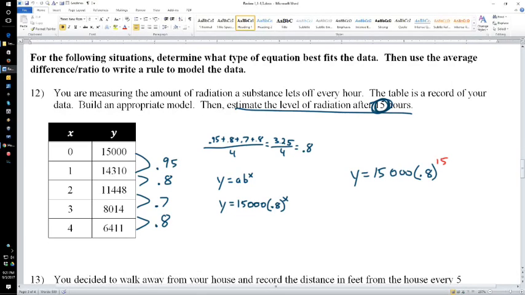Oh, that's not as low as I thought it would be. So y equals 527.8 millirads, and that would be your answer. All right, I'm going to pause and move to the next one.